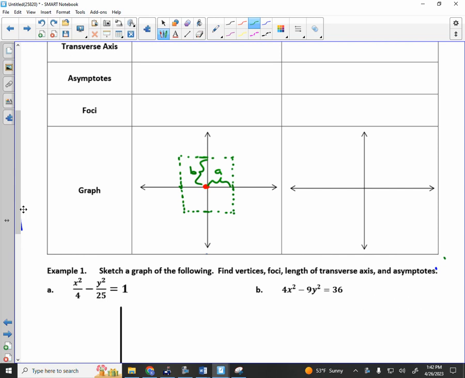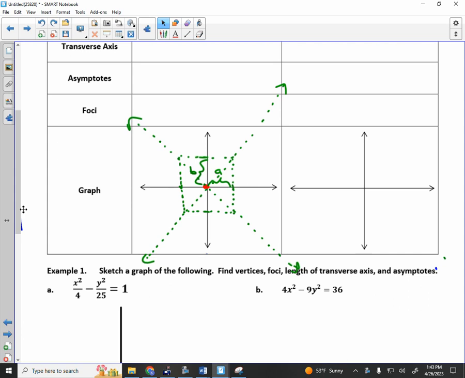The box is not the graph. The box helps me construct the graph. I'm going to draw the asymptotes that go through the box. Hyperbolas have asymptotes. Those are imaginary lines that the graph approaches. They're not actually the graph.